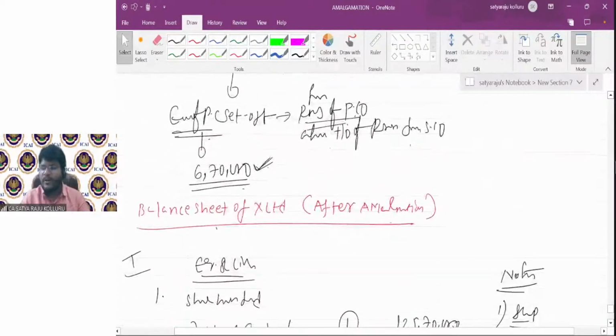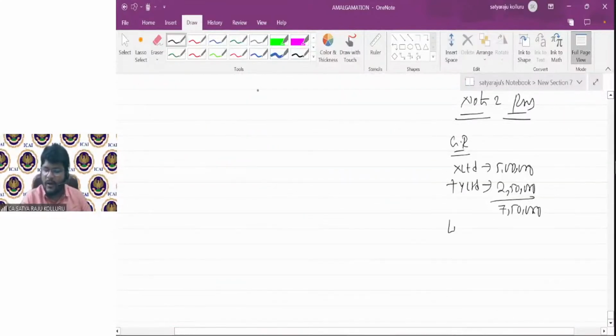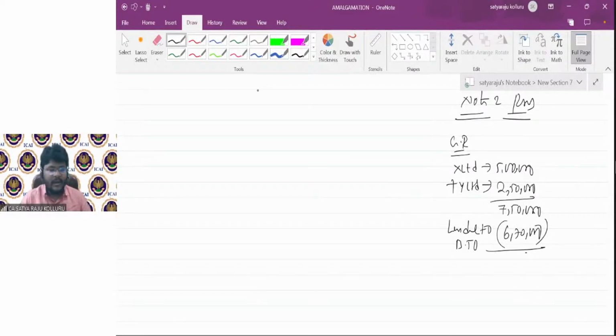Can I set off that 6,70,000? Yes, you can set off. That's why it is loss due to business takeover, 6,70,000. Now, how much general reserve can I show in the balance sheet? 7,50,000 minus 6,70,000, which is equal to 80,000.